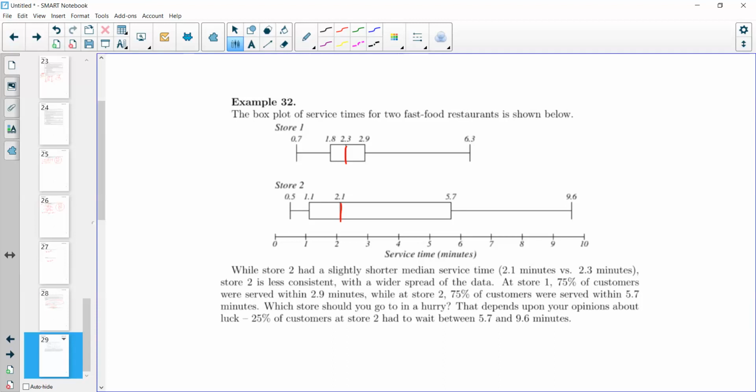At store one, 75% of the customers, see, this is Q3, are done within 2.9 minutes. While at store two, 75% of the customers were served within 5.7 minutes. Which store should you go to in a hurry? Store one. You have a 75% chance of getting out of there in less than 3 minutes.